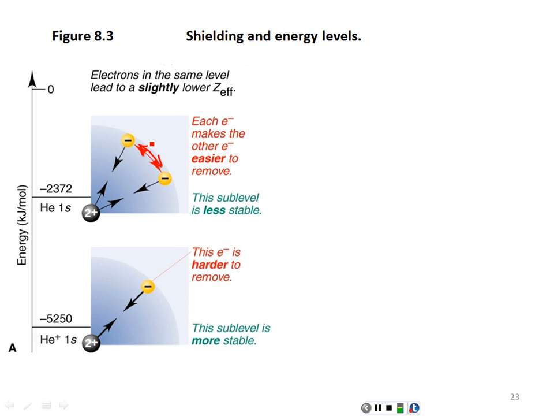When we look at a helium atom, to remove one of the two electrons it would take this much energy. Once one is already removed and there's only one electron left, that one electron is much harder to remove because it's not feeling a repulsive force from a partner electron.